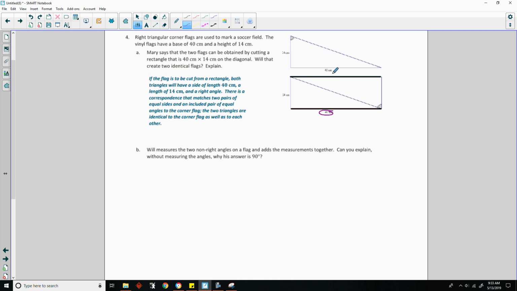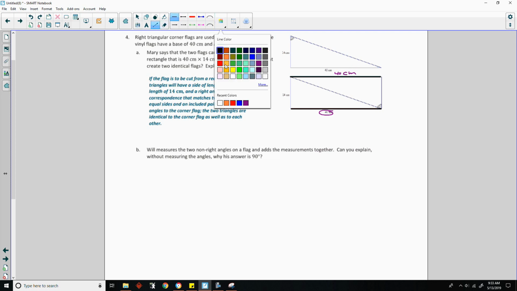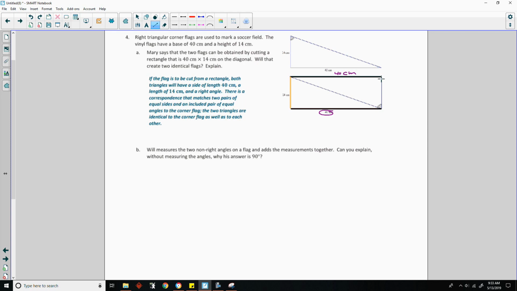Okay, so now I can label this 40 centimeters. And then we are told that this is 14, and therefore this must be 14, because, let me fix that, by definition of a rectangle, opposite sides are congruent.